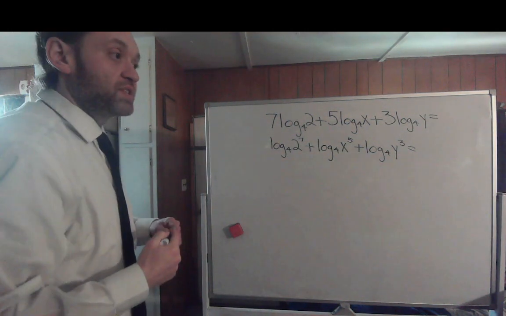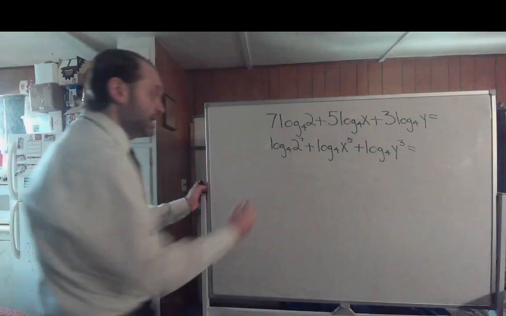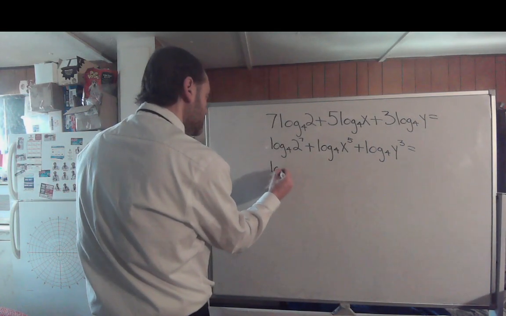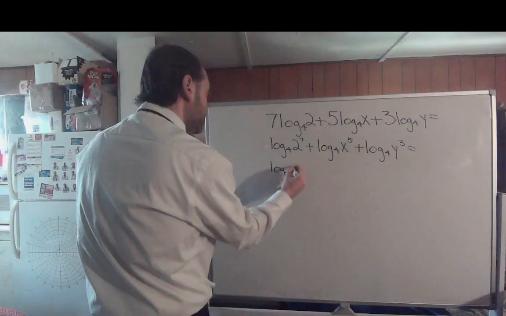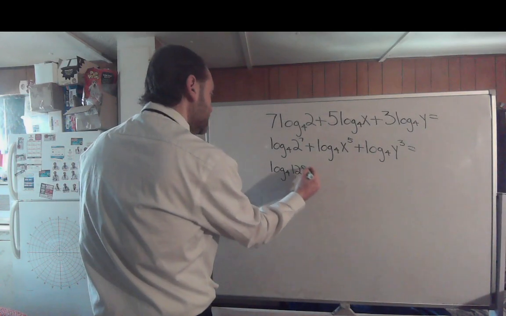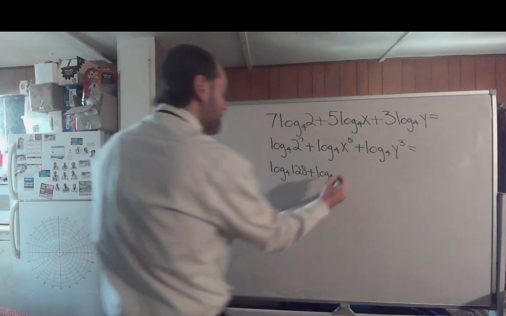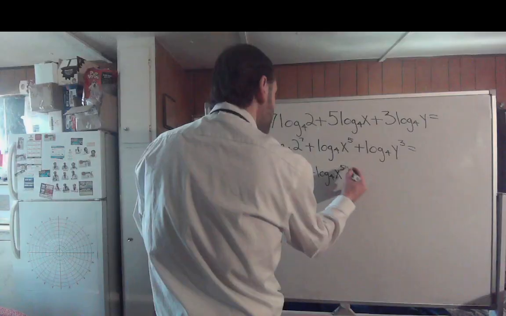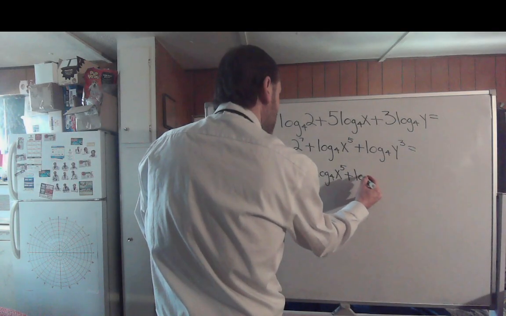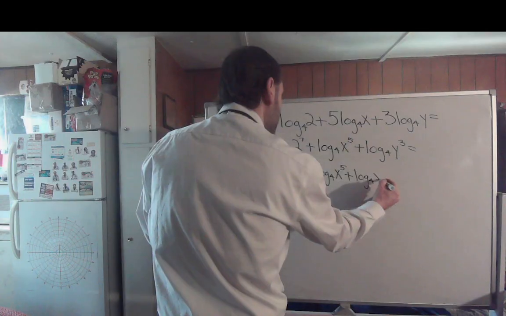Well, 2 to the 7th is 128, so this will turn into log base 4 of 128 plus log base 4 of x to the 5th plus log base 4 of y to the 3rd.